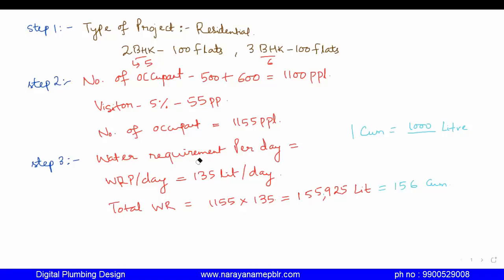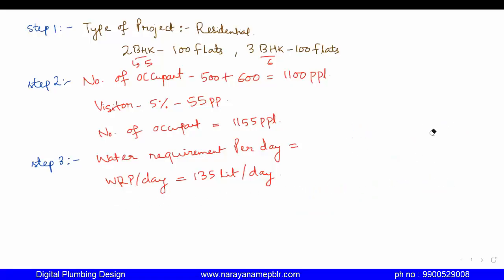Yes, sir, in the UG tank, better we do it to avoid a lot of confusion. For designing the UG tank, we have to consider only 90 liters, no, sir? Yes, fine.